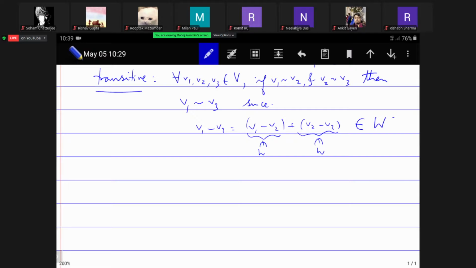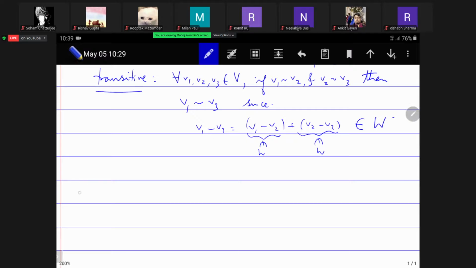This equivalence relation is defined by taking the difference, which means v plus minus of v2, and addition is commutative, so the entire vector space V is like an abelian group. That's the reason why it works.